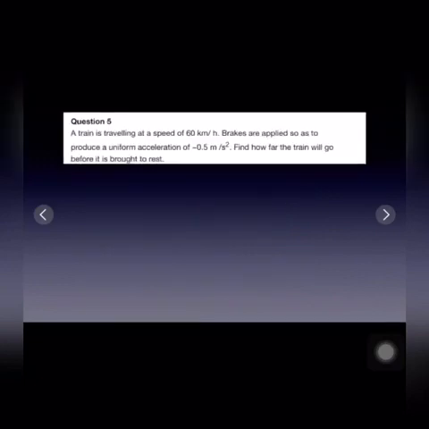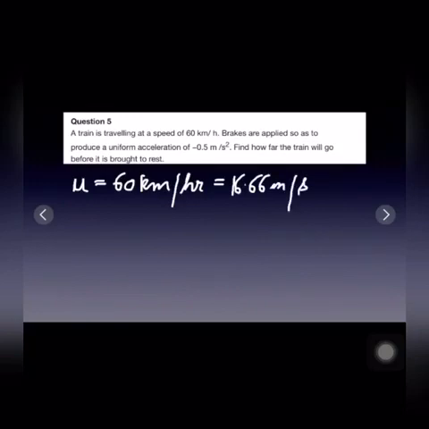Next question is, a train is traveling at a speed of 60 km per hour. So here the speed of the train is given to you, 60 km per hour. So convert it into meter per second by multiplying it by 5 by 18, and we'll get 16.66 meter per second as speed of the train.